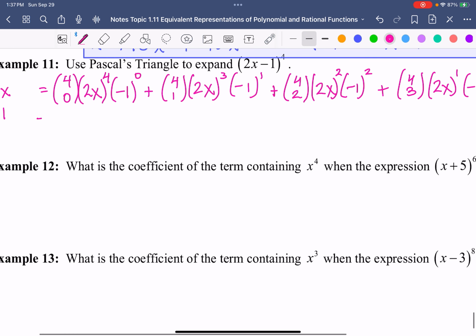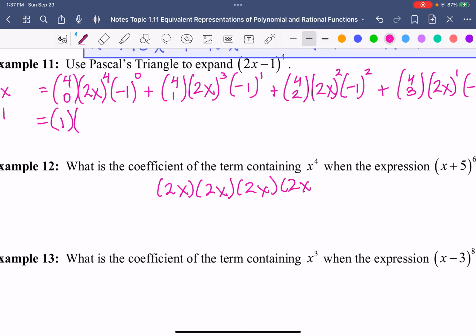Okay? 4 choose 0 on your Pascal's triangle is 1. 2x to the power of 4. Now, some of you would look at this and say, yeah, that's 2x to the power of 4. Well, no, remember that anything to an exponent tells you how many times to multiply it by itself. So this is really 2x times 2x times 2x times 2x, okay?